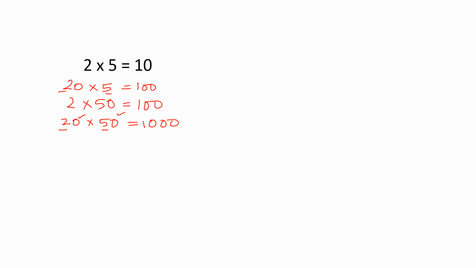So 2 into 5 equal to 10. So you know 2 into 5 will be giving 10. So however many zeros you add to it, that is going to be a multiple of 10. Similarly, you know 5 into 4 is equal to 20. So what will be 50 into 4? 50 into 4 will be 200. Understood?